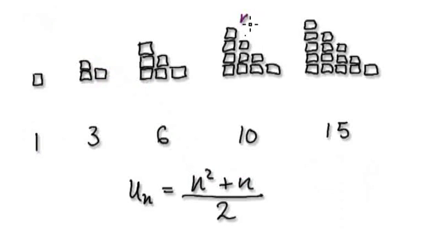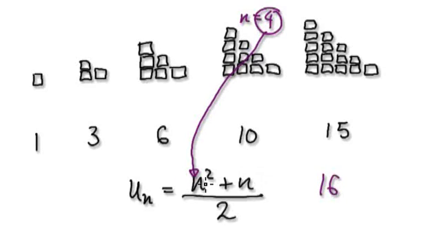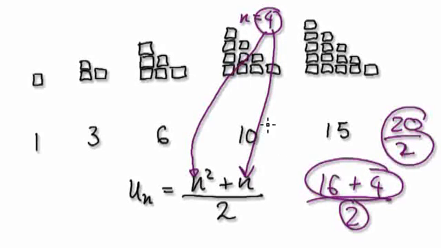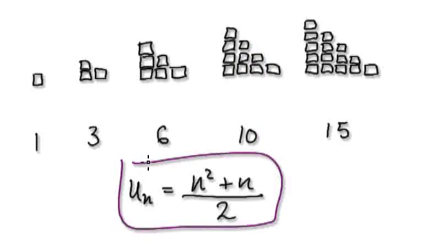Let's just try it with n equals 4. Put this into here. n squared will be 16, plus 4 divided by 2. So this here will be 20, and then divided by 2. That will be 10. So it does indeed equal 10. So this formula here works.